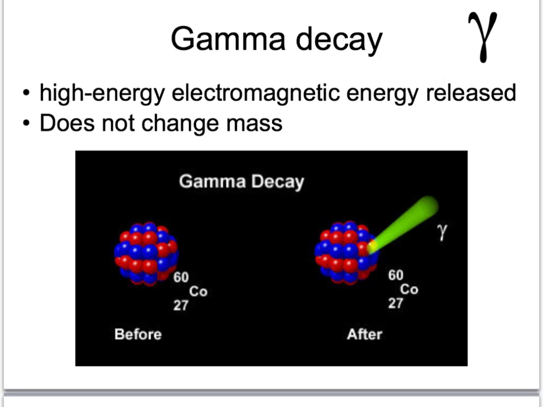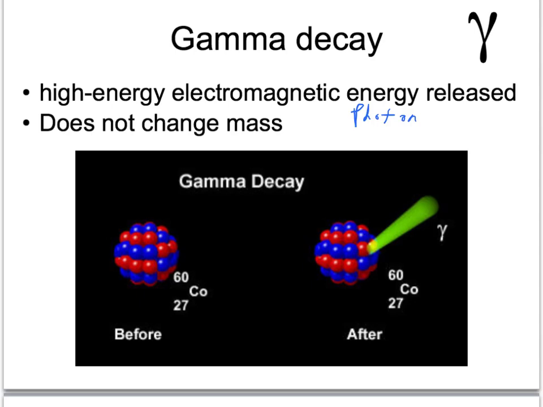Now, gamma decay is a high-energy electromagnetic energy release. That is another way of saying it lets out a photon. So gamma decay lets out a photon, but it's not a typical everyday photon like the ones that let us see light. It is a high-energy photon that is looking for something at the atomic level to basically screw up.